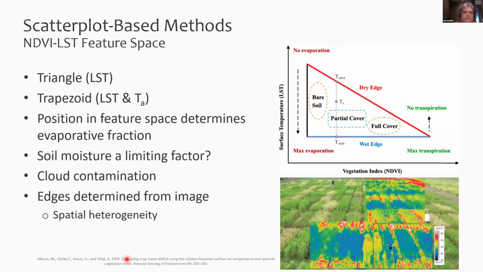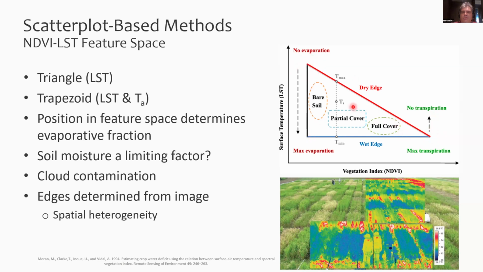And so this is a nice visual of that trade-off between sensible heat and latent heat, land surface temperature, and NDVI. So you can see here your wet pixel on this vertex. NDVI is very high, land surface temperature is very low. And then conversely, your dry pixel, right? NDVI is very low, land surface temperature is very high.